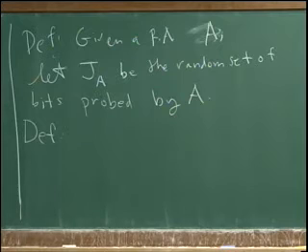Now, we want the set to be fairly small. One way to measure that it's small is to hope that it's very unlikely the first bit is probed, very unlikely the second bit is probed, and maybe very unlikely that any fixed bit is probed.